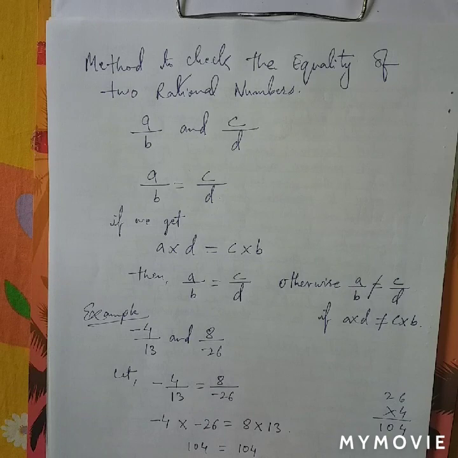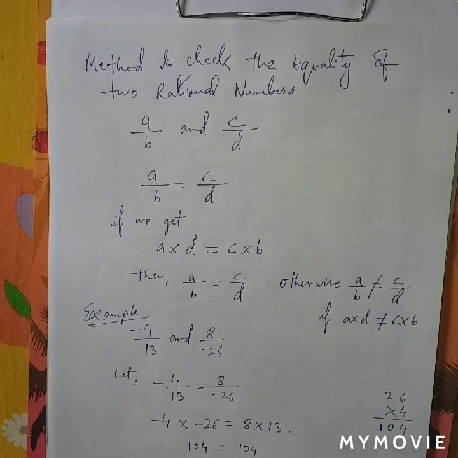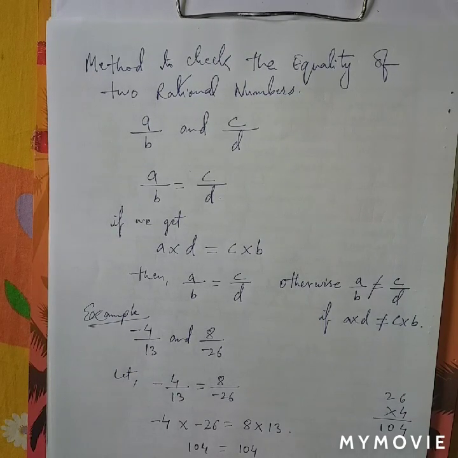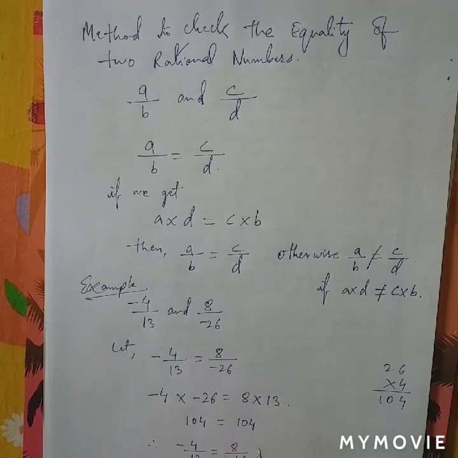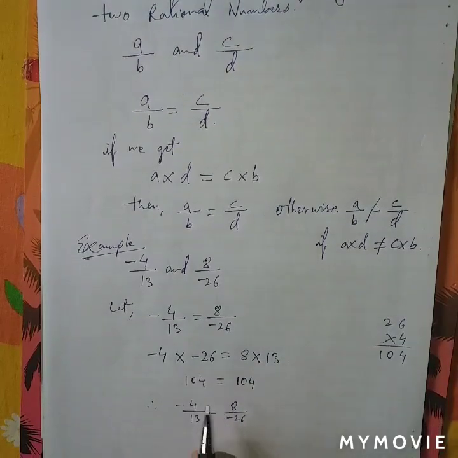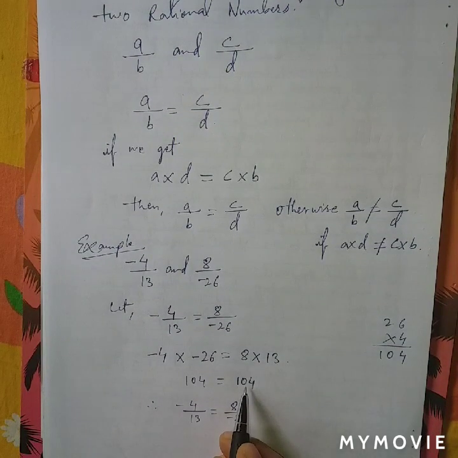So both sides we are getting equal. Therefore, minus 4 by 13 is equal to 8 by minus 26. If we do not get these two values equal, then we cannot write these two as equal.